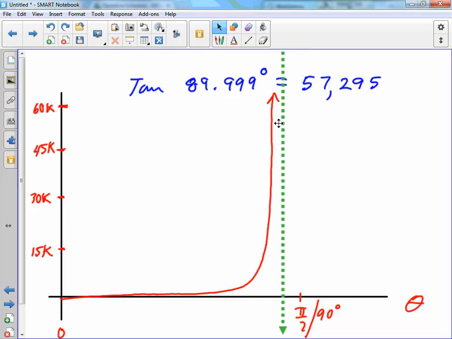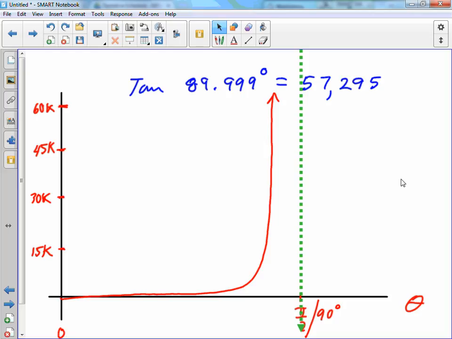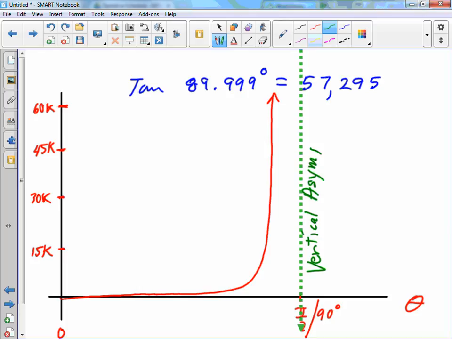What's that called? Starts with a V. Very close. It's called a vertical asymptote, and we've dealt with these before.